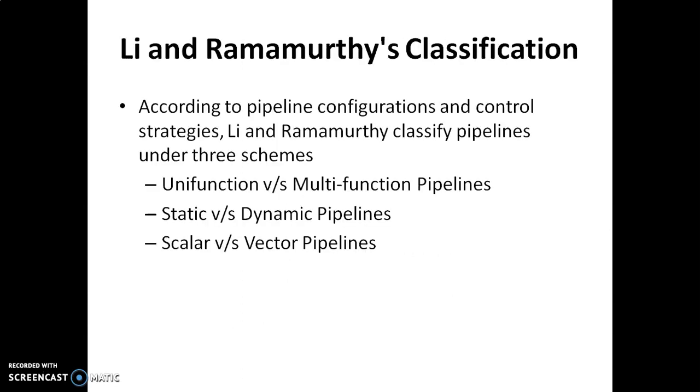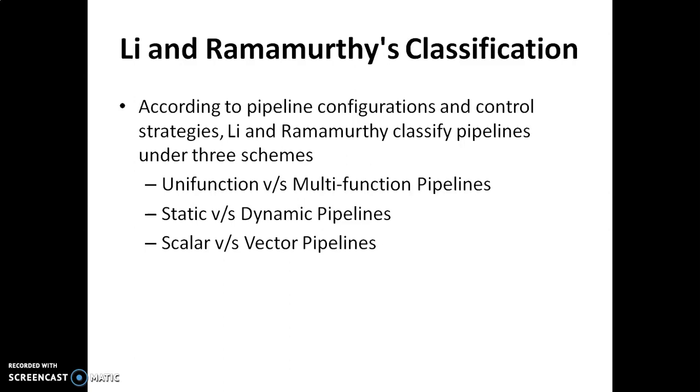Next we'll consider the classification according to Lee and Ramamurthy. According to pipeline configuration and control strategies, Lee and Ramamurthy suggested the classification of pipeline processors into three categories. First is unifunction versus multifunction pipelines. Second is static versus dynamic pipelines. Third is scalar versus vector pipelines.